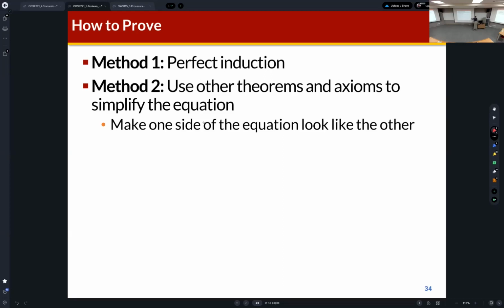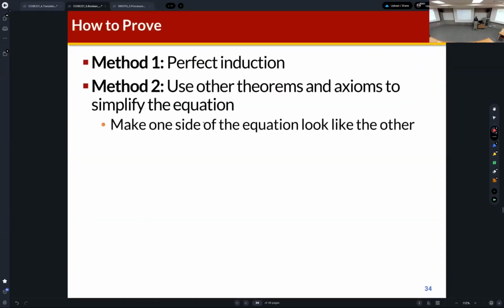Actually, there are two methods. The first method is the perfect induction. The second method is that we can use the other theorems and the axioms to prove this theorem.